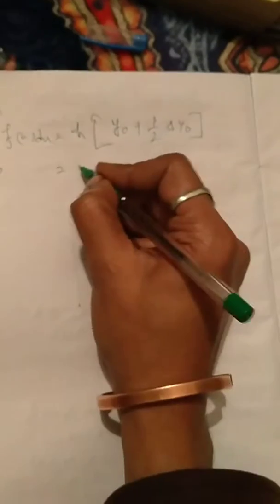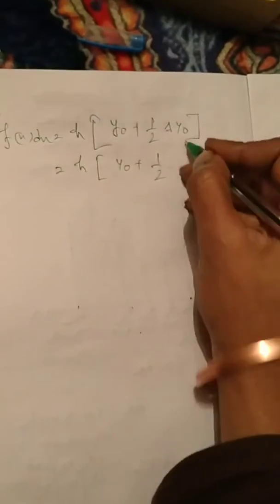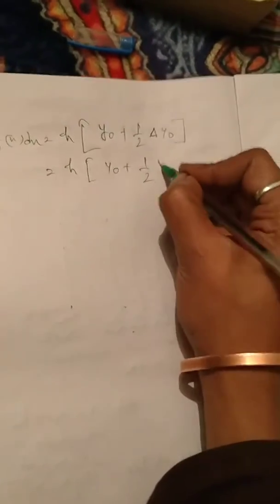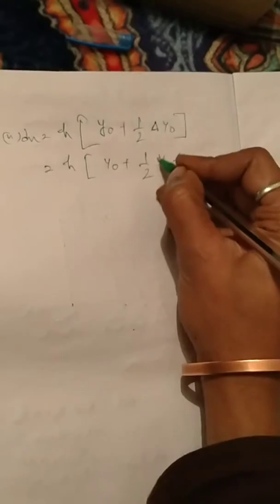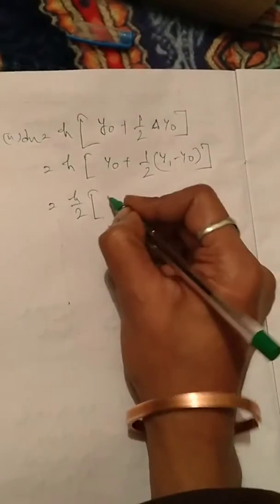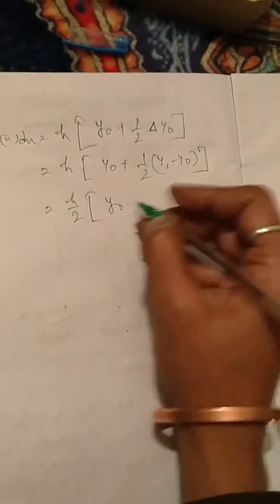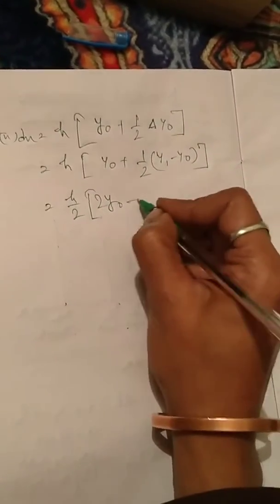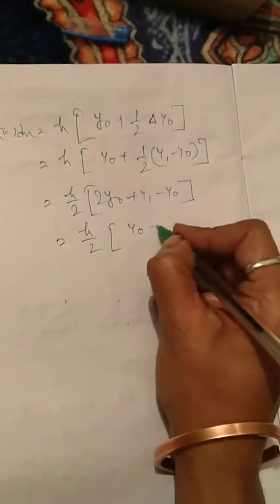Now we will simplify h into y0 plus half del y0, and del y0 we know from the difference formula, that is y1 minus y0. So we simplify, that will be h by 2 into y0 plus y1 minus y0, and finally this will be h by 2 into y0 plus y1.